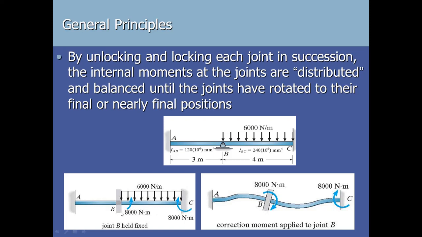That's why if you see here, the moment is in the anti-clockwise direction. So when we remove this lock, the moment will try to come into equilibrium by applying a moment in the opposite direction. So that's why its moment will be 0 and the joint will come into equilibrium. This is the main procedure, and we'll continue this process until all the joints are balanced.